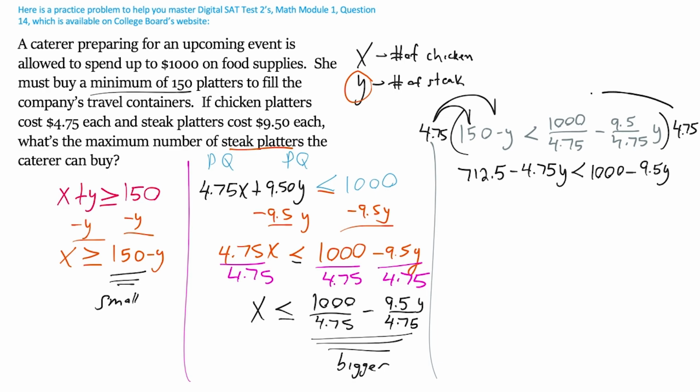So when we distributed here and here, those denominators of 4.75 just canceled away with the 4.75 we were multiplying on the top. Now we're just going to try to get a nice inequality to describe this situation. So let's add 9.5y to both sides. And let's also take away 712.5 from both sides.